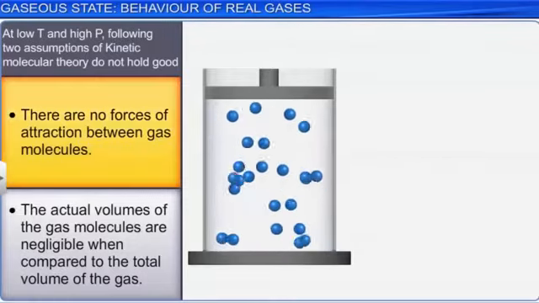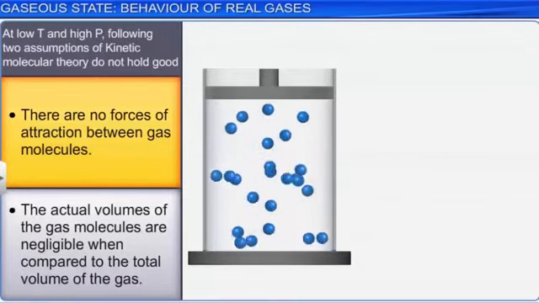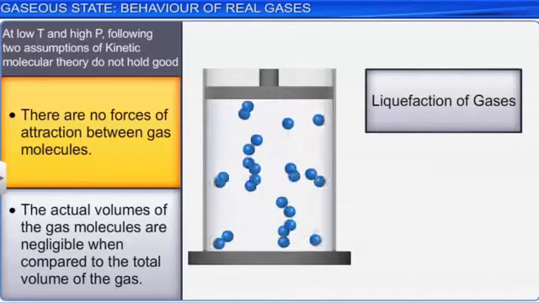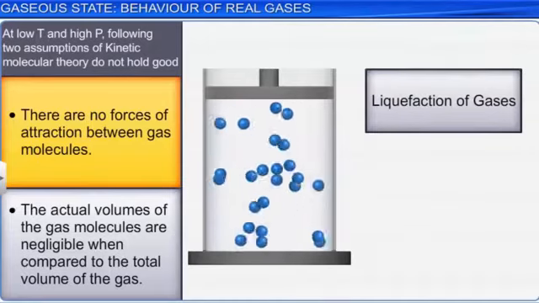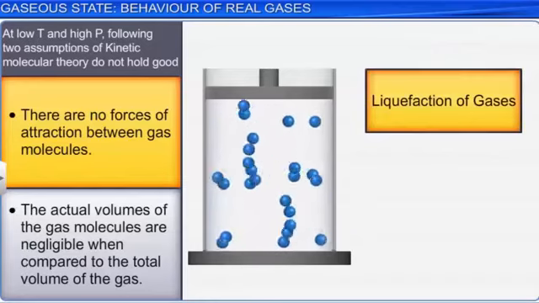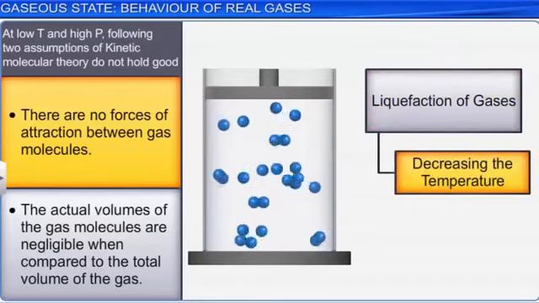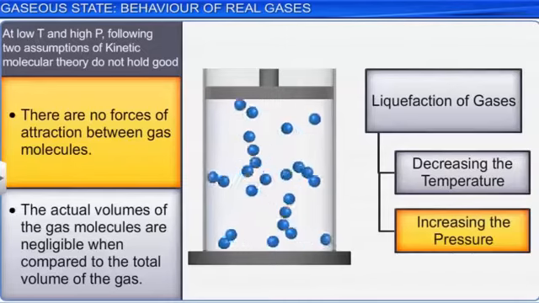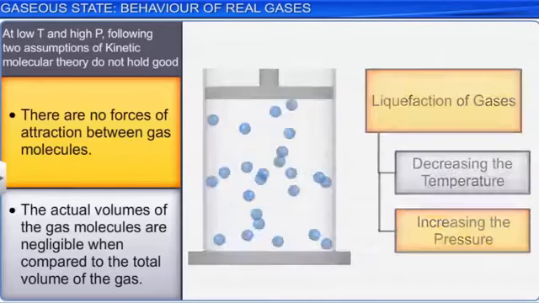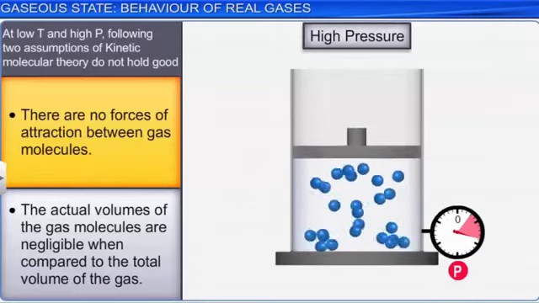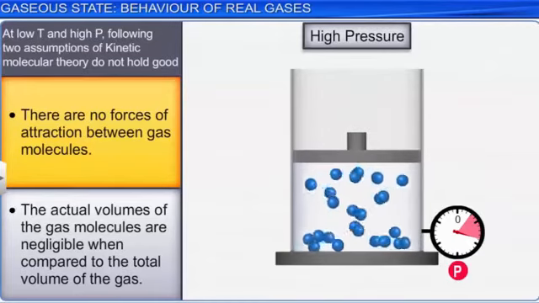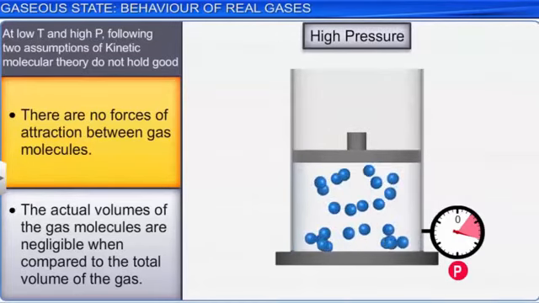If the first assumption is correct, then the liquefaction of the gases wouldn't be possible. But we know that gases can be liquefied by decreasing the temperature and increasing the pressure. At high pressure, molecules of gases are very close to each other, and the intermolecular attractive forces start operating.